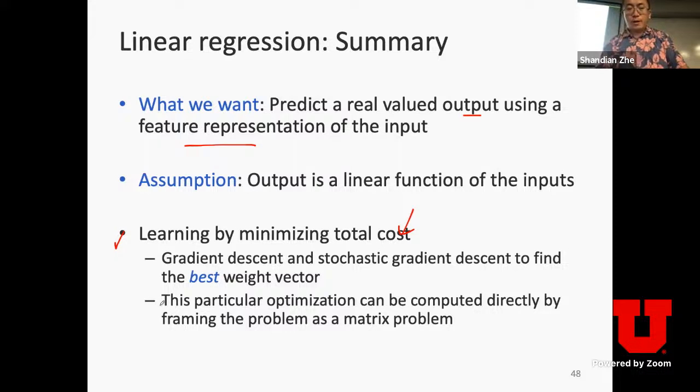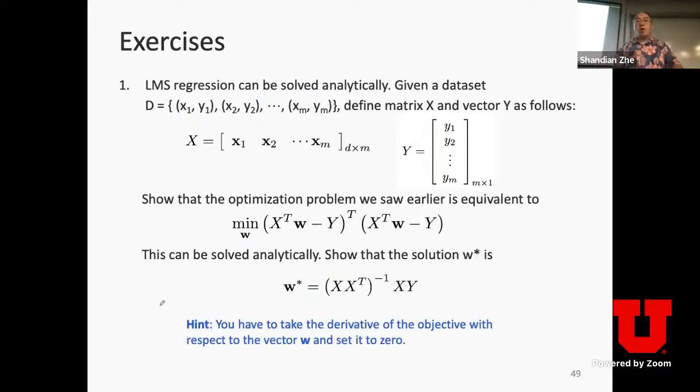Okay, so the last thing we want to point out is that least mean square regression can be solved analytically. Suppose you have a data set, right? And you have output y. You can represent your input features as a matrix, and your output values as a vector.